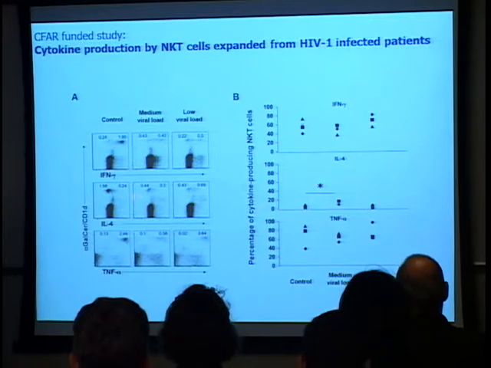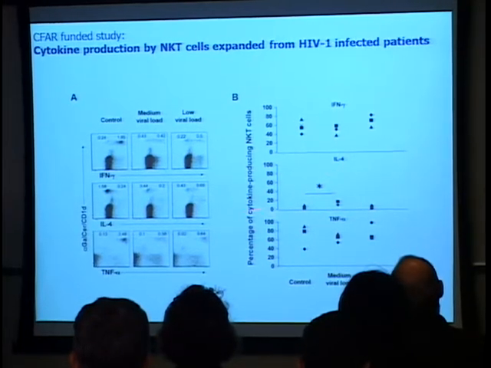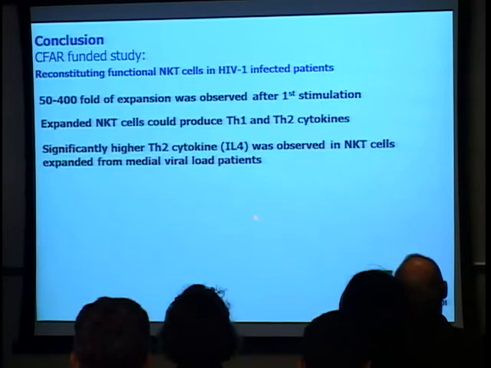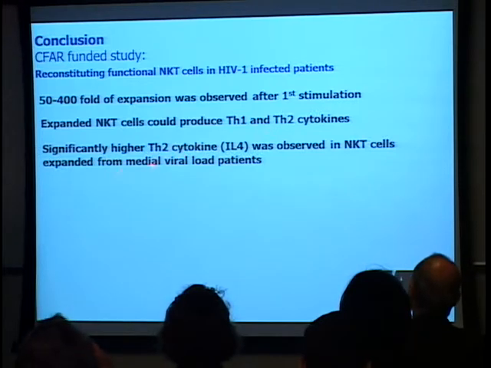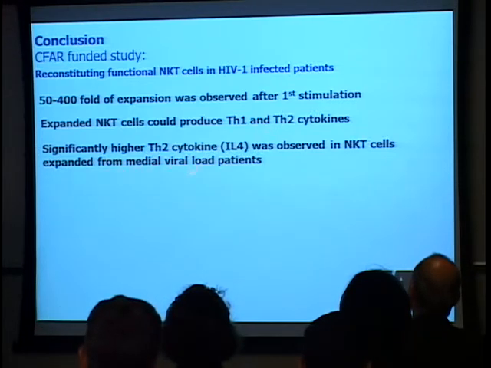And in medium viral load disease patients, we see higher expansion of IL-4, the Th2 cytokine. So the conclusion is that we can see 50 to 400-fold of expansion, and they produce Th1 and Th2 cytokines, and we observed higher Th2 cytokine from the medium viral load patients.